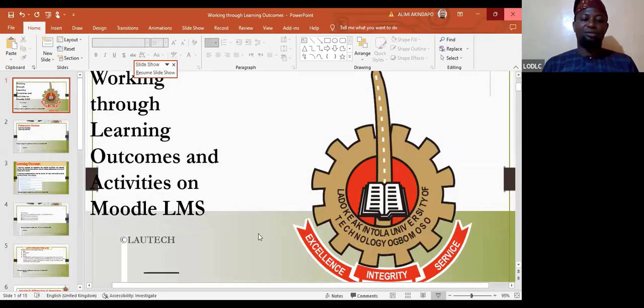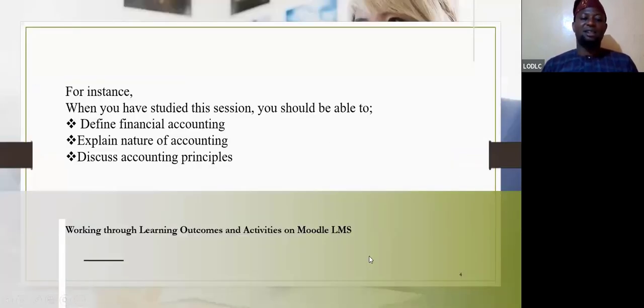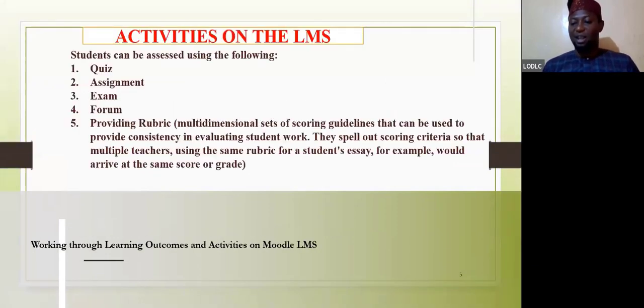So now let's move on to our discussion here. I said the next line of action after these learning outcomes is the activities on the LMS.